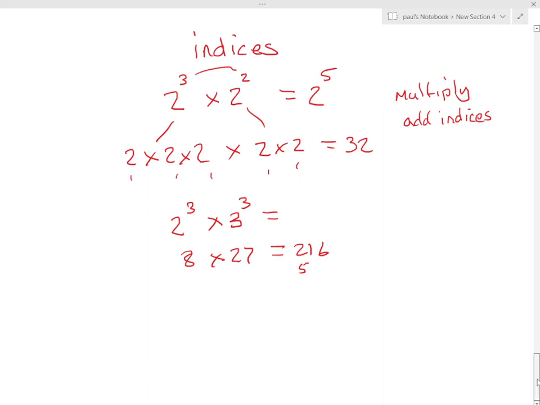It works when things are the same, and this happens when you've got algebra. X to the 4 times x to the 3 would simply be x to the 7. 3 and 4 make 7. Y to the 9 times y to the 9 is y to the 18. Doesn't matter what y is, it's fine.